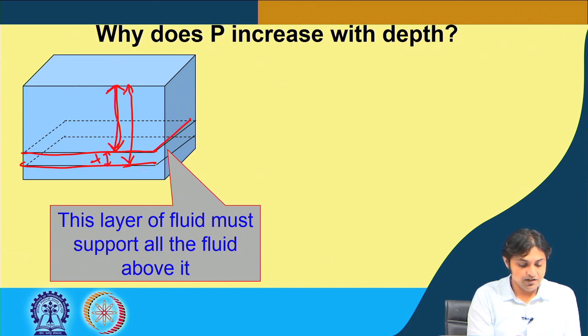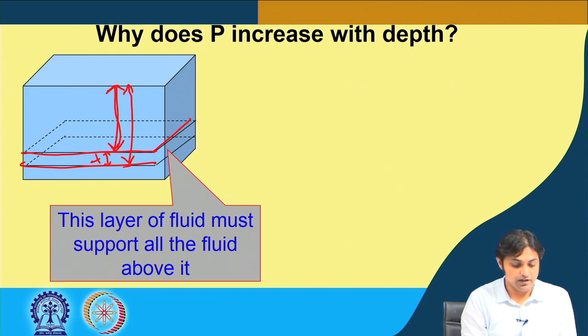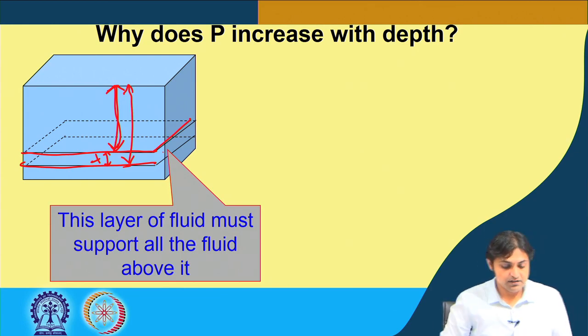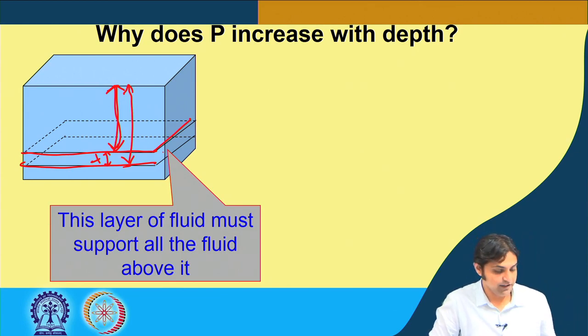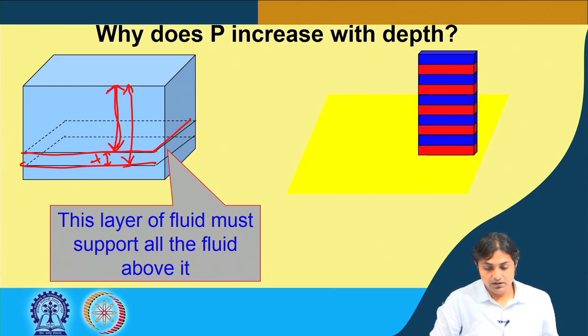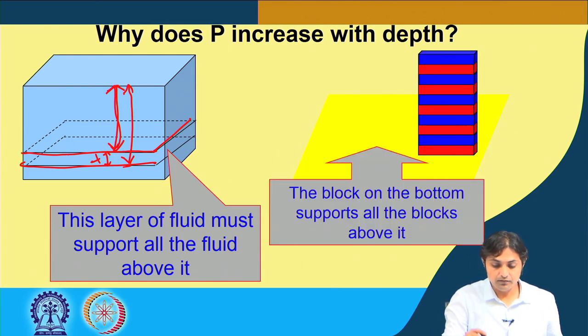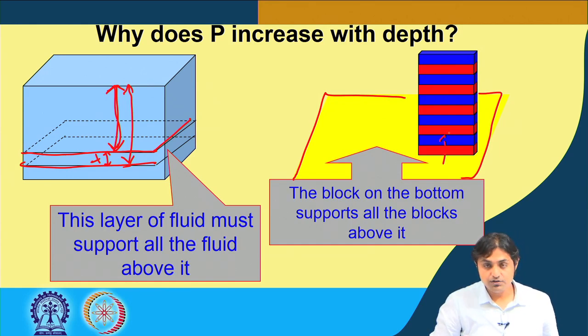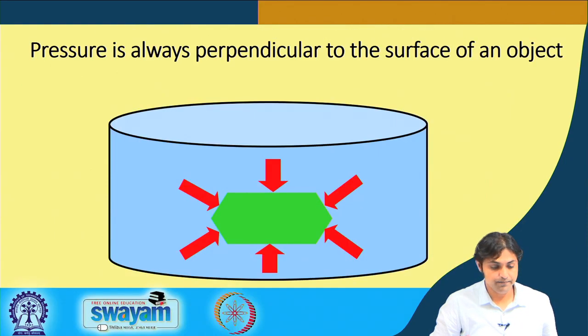This is how you can understand why pressure increases with depth. This layer of fluid must support all the fluid that is above it. So this block, shown in yellow, shall be supporting all the blocks that are above it. That is another way to see why the pressure should increase with depth.